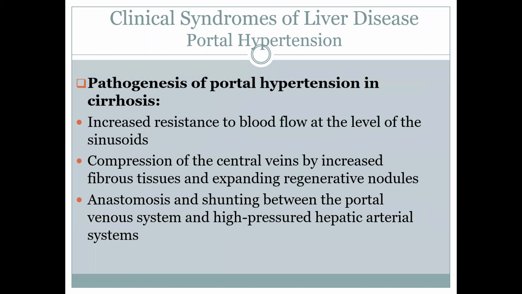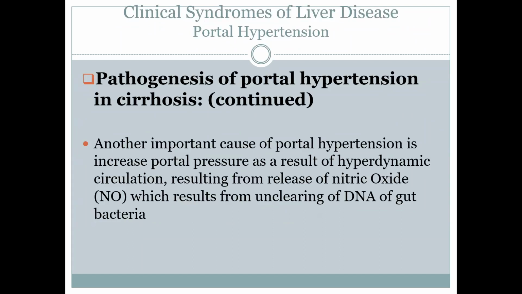Now, one thing that was not mentioned before is that one more reason for the portal hypertension in cirrhosis is that as a result of this slowness of the circulation towards the liver, there is going to be delay of the clearing of the DNA of the gut bacteria.